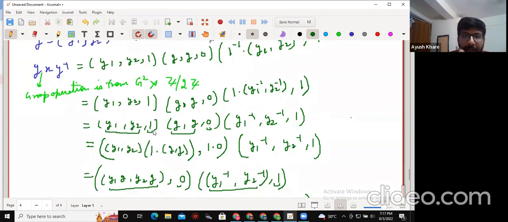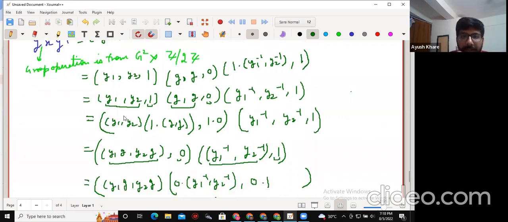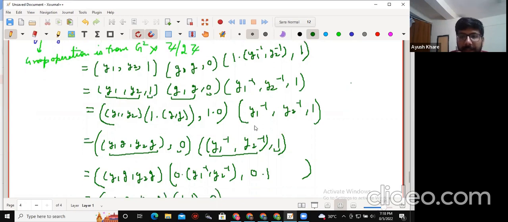Then we use the definition of semi-direct product to say that this is same as y1 comma y2, and 1 acting on g comma 1 dot 0. The third element is, we write it as it is, and then by the definition, this 1 dot g comma g is g comma g, and when g comma g is multiplied to y1 y2, it's y1g y2g. 1 dot 0 is 0, and then here we have y1 inverse y2 inverse comma 1.